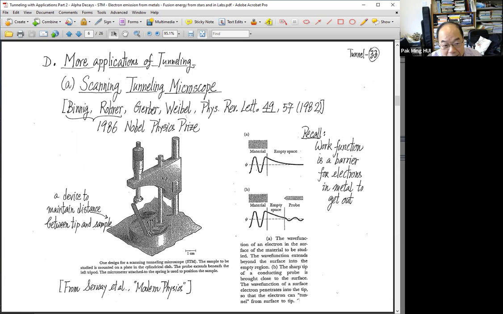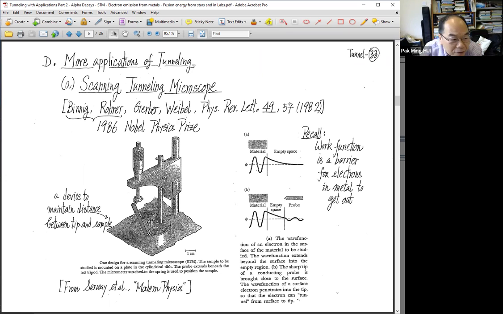Now the idea of the scanning tunneling microscope is as follows. So let's say you have a metal conducting thing. So you know they are made of atoms. So you use the pen, the tube may be a single atom. You try to put it very close.